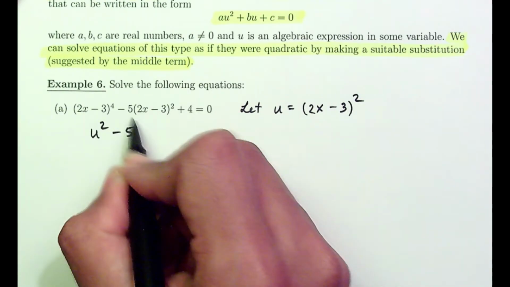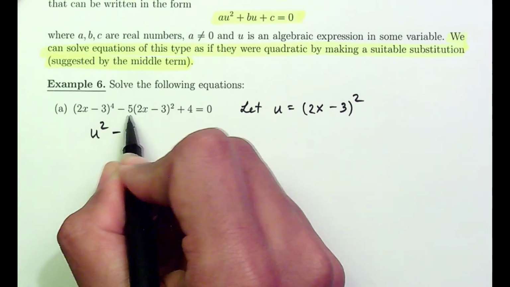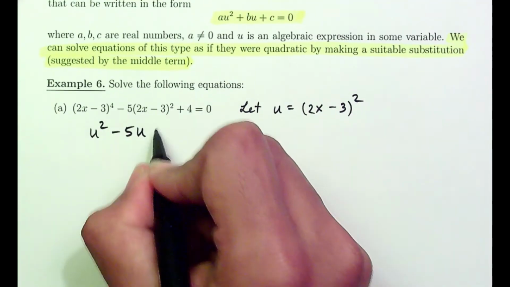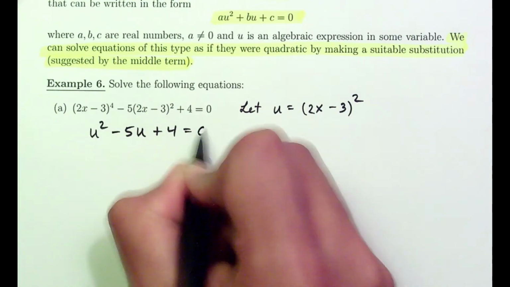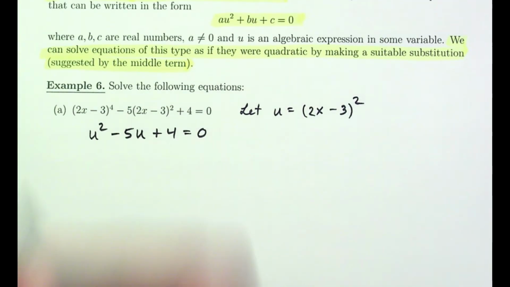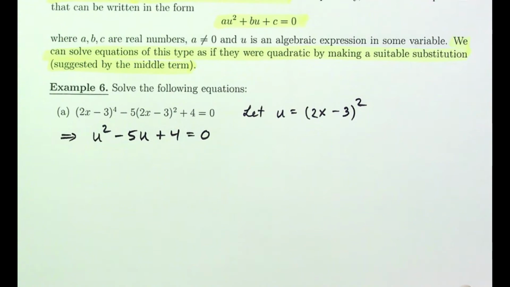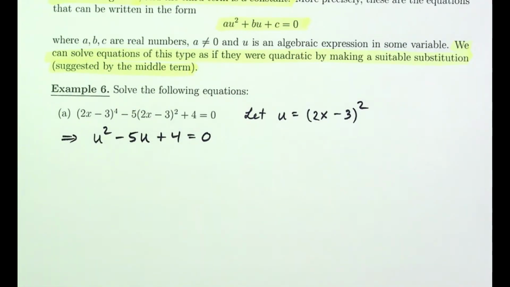Now I put the 5 back. Negative 5, and then this thing is u. So negative 5u plus 4 equals 0. And now you see that this is really a true quadratic equation. So by making a substitution, we change it into a real quadratic equation, into a true quadratic equation.